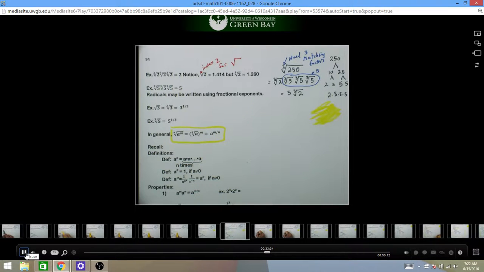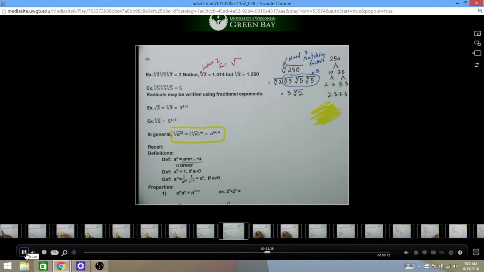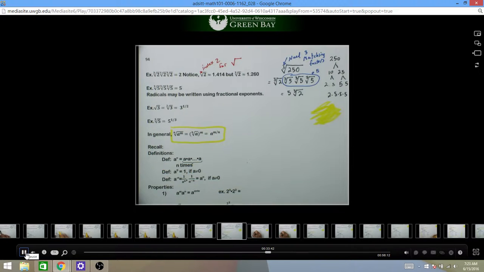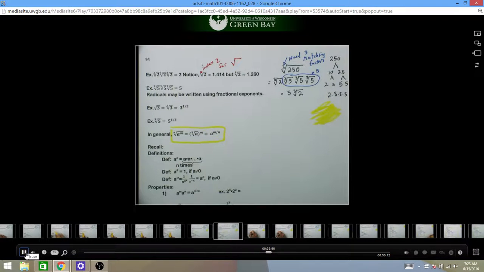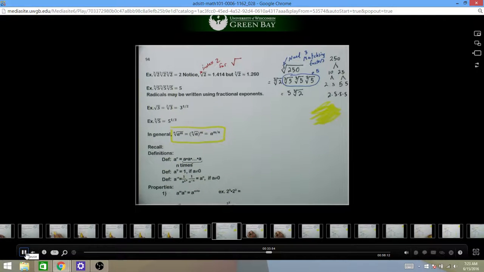Well, because radical symbols can be written as fractional exponents, we're going to have a quick review on fractional exponents. But I wanted to see what section you could review these exponent rules in. So let me look at the table of contents and see.